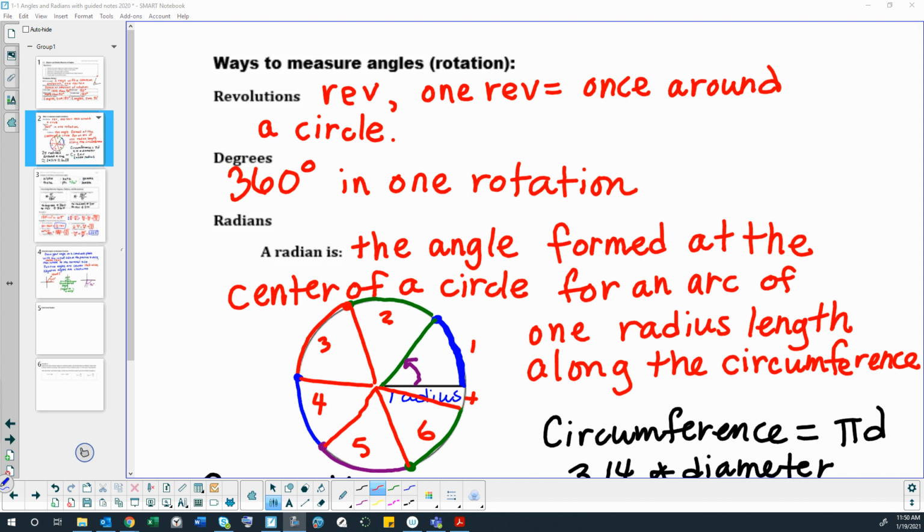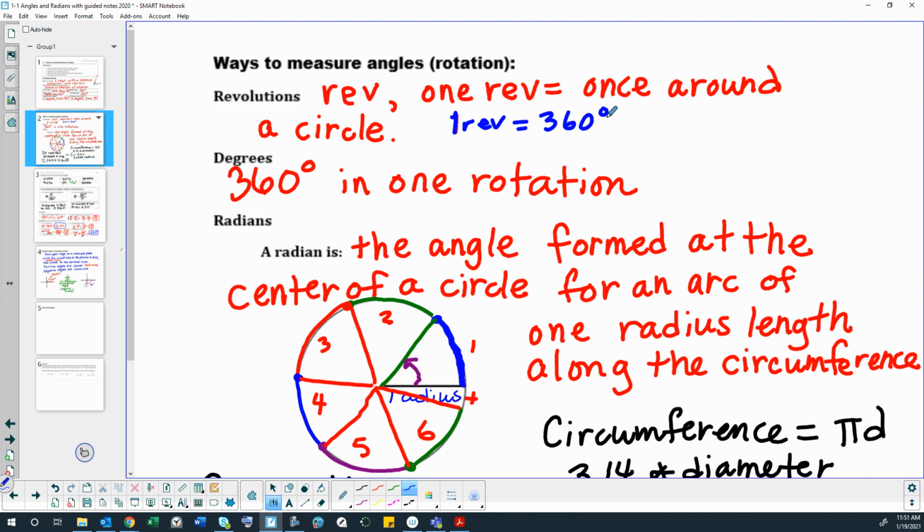I don't know if we need to actually write that down because that's a fairly obvious conclusion. So one revolution equals 360 degrees. Another word for revolution is rotation, one rotation, right?